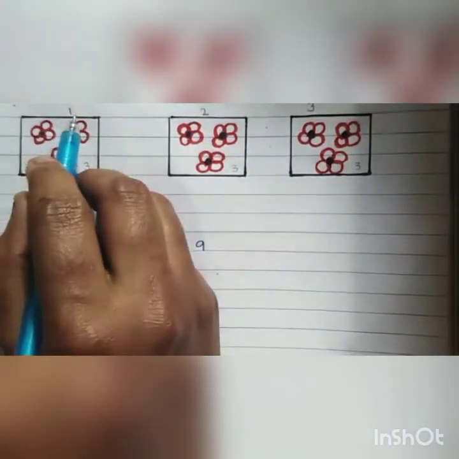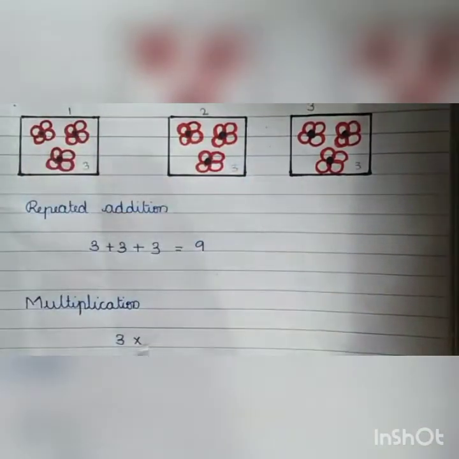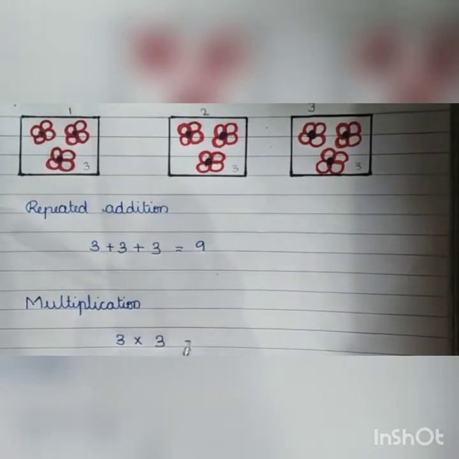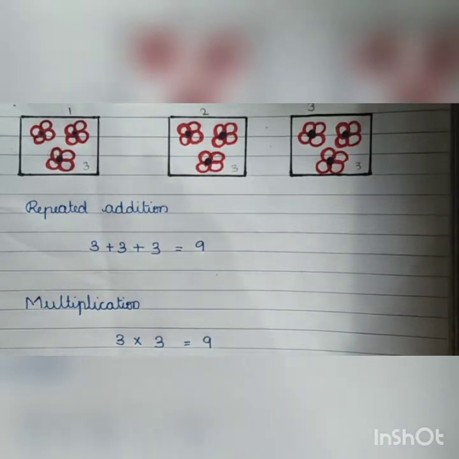There are 3 boxes, isn't it? So 3 into 3. 3 threes are? Yes, 3 threes are 9. So total number of flowers equal to 9. So here we have found the total number of flowers by repeated addition and multiplication.